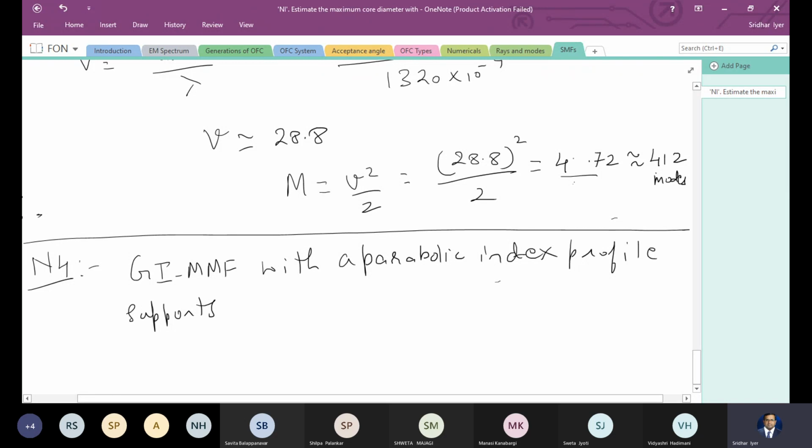I think 414.6, something like that, right? 28.8 square divided by 2. So 414.72. Okay. So in that case, you'll get 415. We'll just approximate it to the higher value.